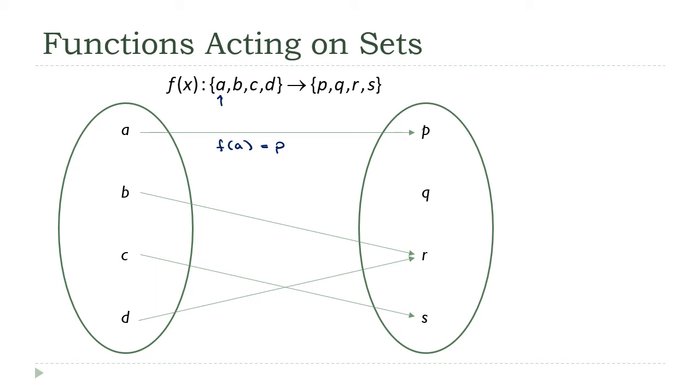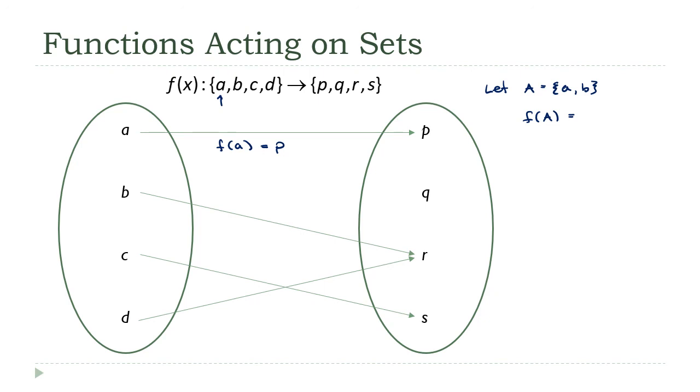For example, let's say we let A be the set {A, B}. Right, then I can talk about what is f of A. Well, it's not an individual value anymore, right?